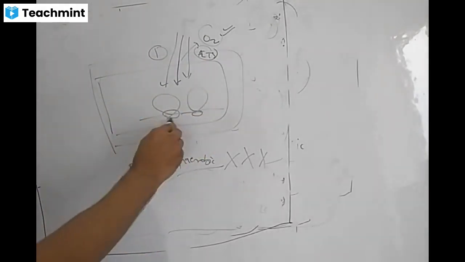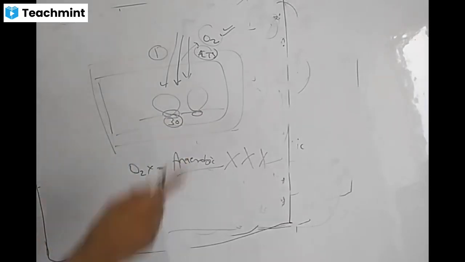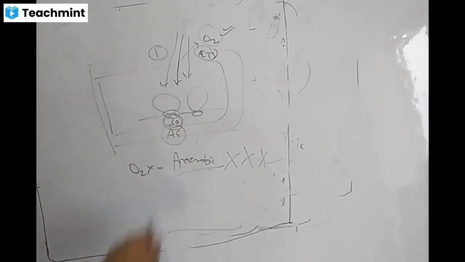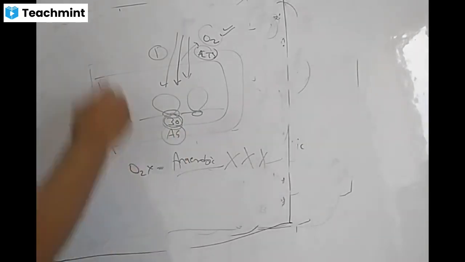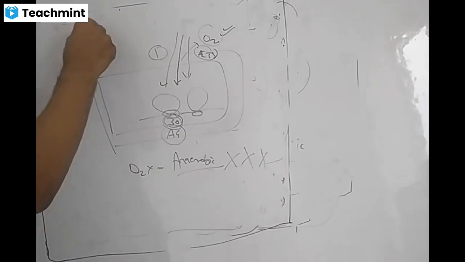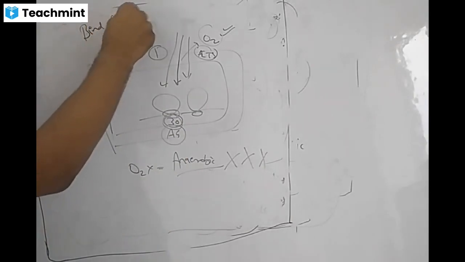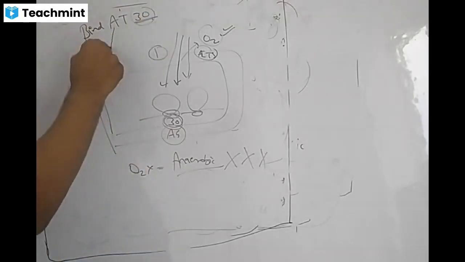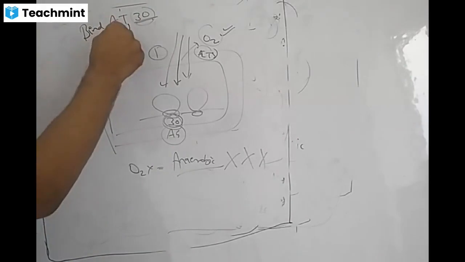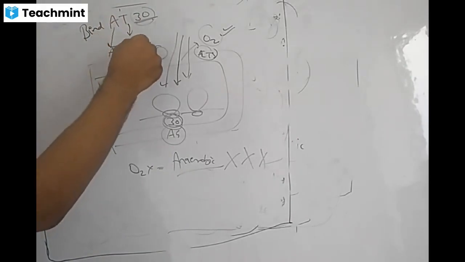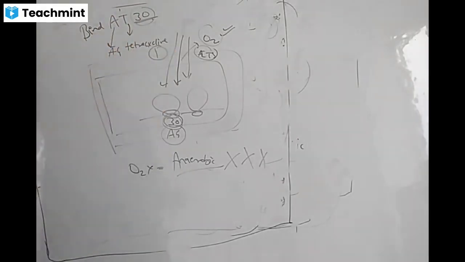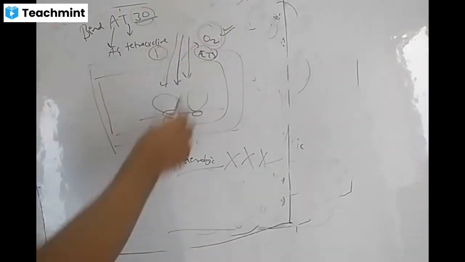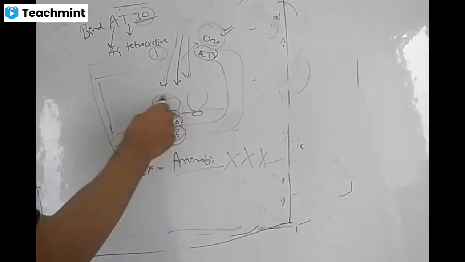Second, if the aminoglycoside enters inside, it will reach the site of ribosomes. The ribosomal 30S subunit is the target of your aminoglycoside. So there is one mnemonic: bind at 30. 30S subunit, A for aminoglycoside, T for tetracycline. So first there is entry into the cell, that is oxygen dependent, and second is the binding with the ribosome.